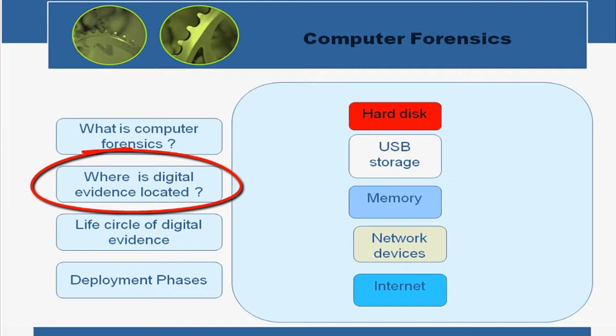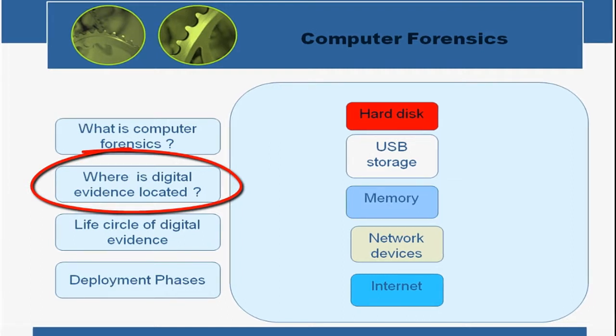Now, with the hard disk, the species of digital evidence that is likely to be found in here will be locally saved files or deleted files, operating system files, application files, and very importantly, user profiles.